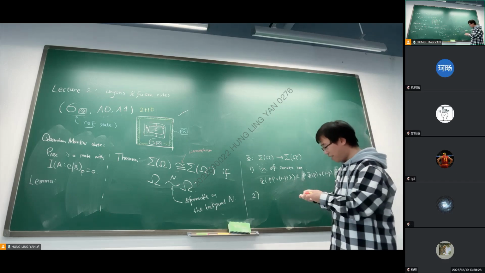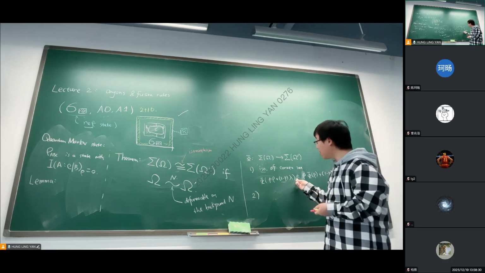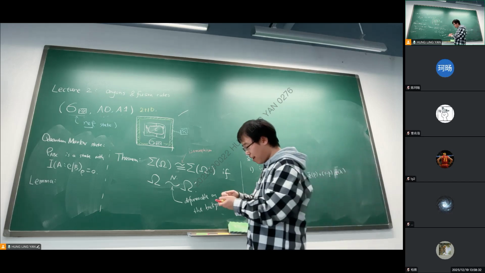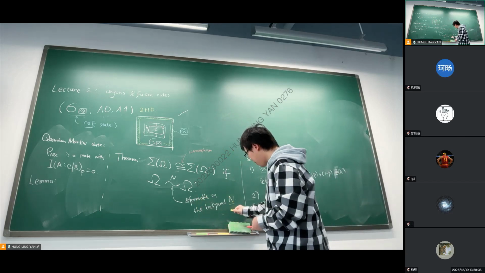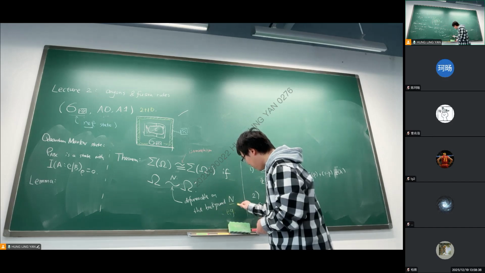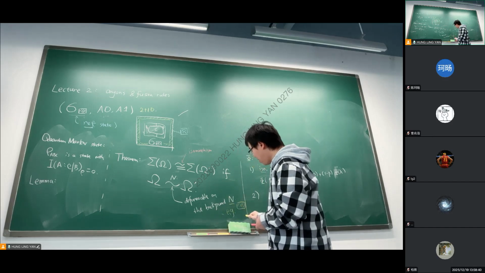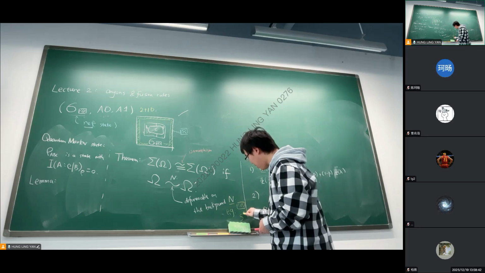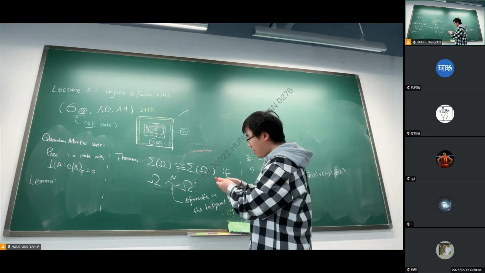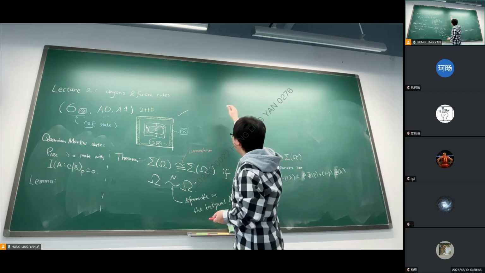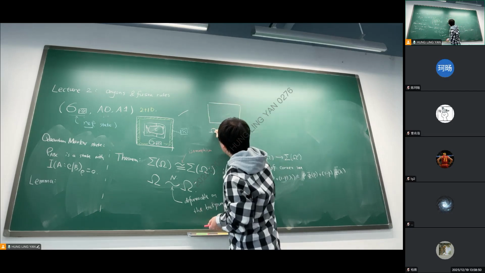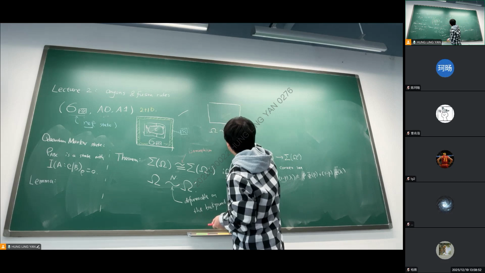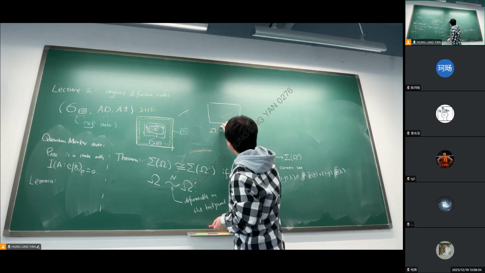Sorry. It is only deformable in the background, and for example, the background could be a disk or the sphere, for example. Let me give you some examples. Let me draw some figures. So deformable on a disk. Let me give you an example where omega becomes omega prime on the background of the disk.